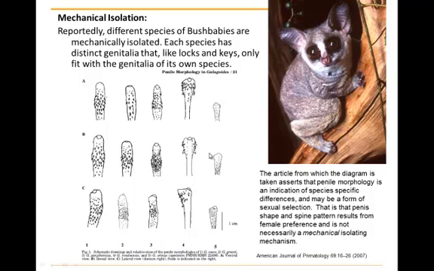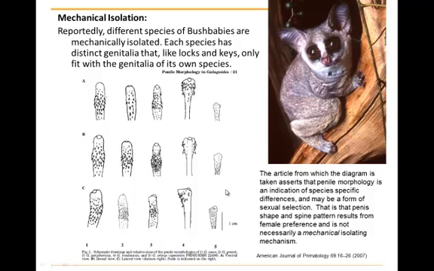I took this picture of the penises of bush babies, and this is the article from which I took it, and it made the assertion that the differences in penis morphology were indicative of species-specific differences, but that they may be a form of sexual selection.